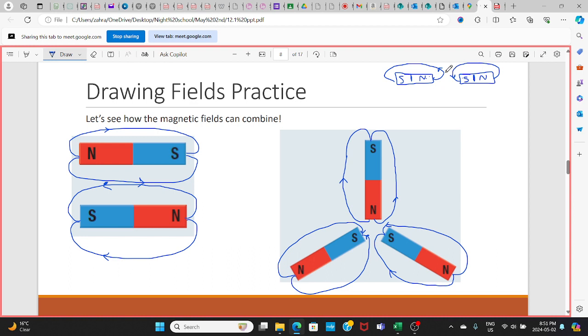And when they do, these two poles, these two lines come together. How? It becomes like this, okay?